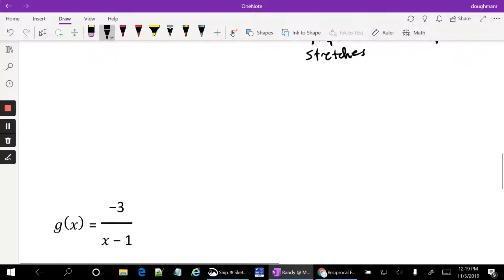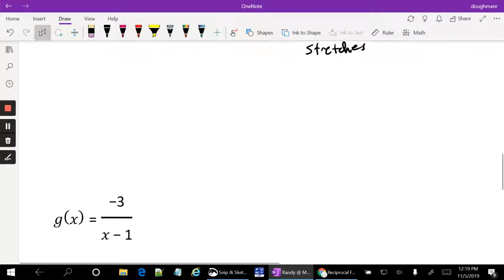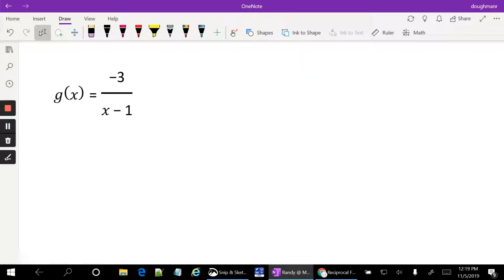Okay. So let's see how we use that in our daily life here. Negative 3 over x minus 1. Let's put that, realizing that this is actually negative 3 times 1 over x minus 1, and I'm going to put plus 0 here.